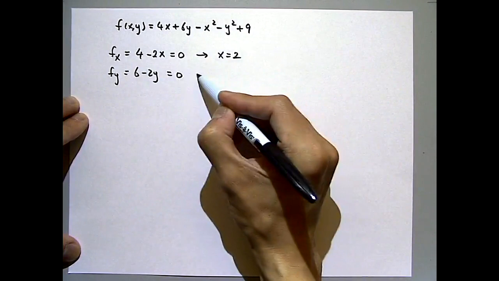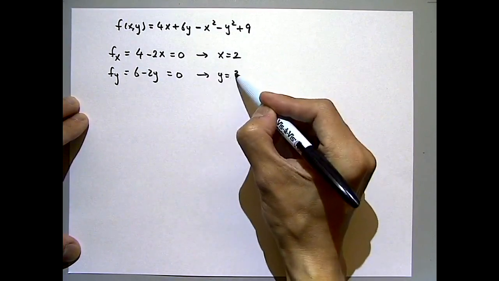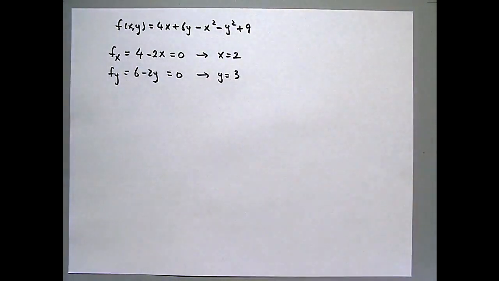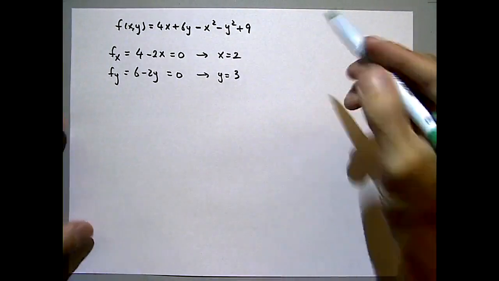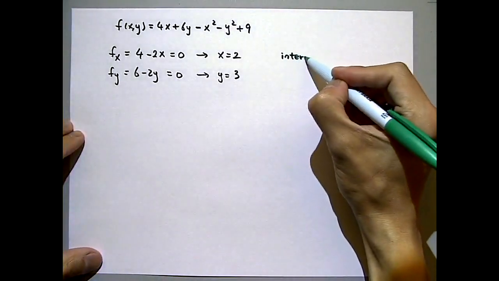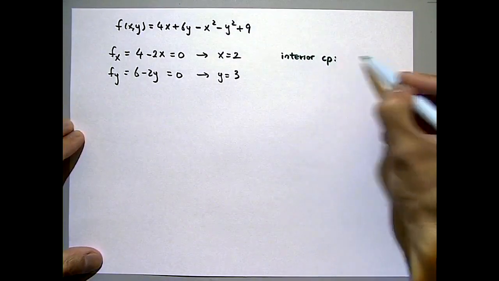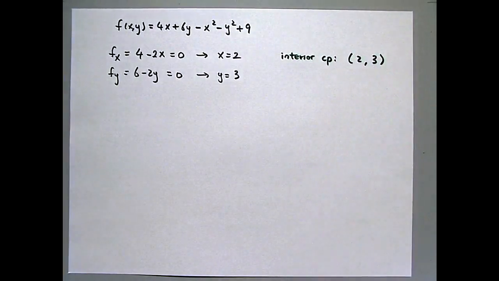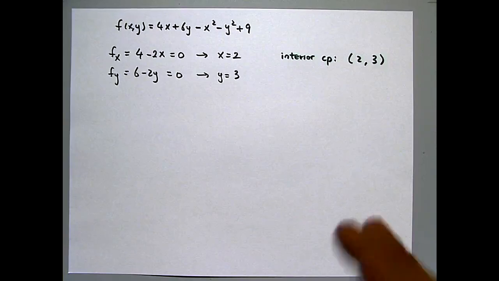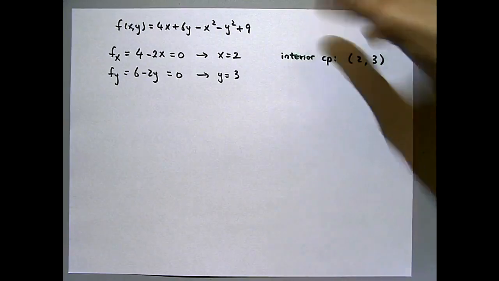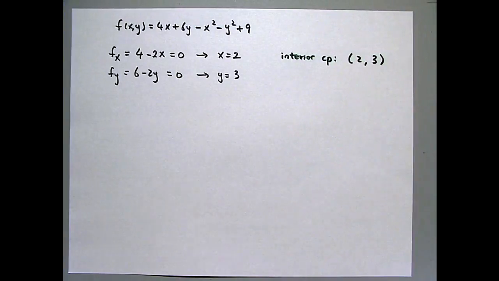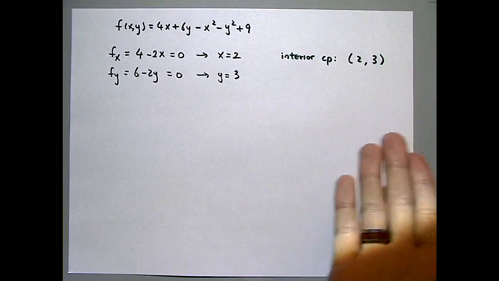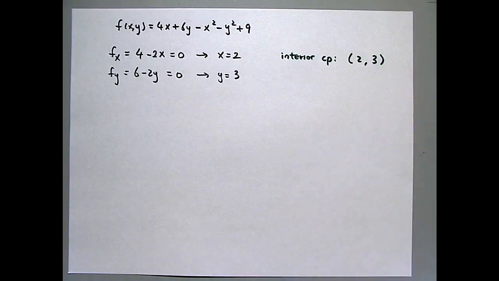We want this to be 0, so we see that y is equal to 3. And the interior critical point in this case is (2, 3). That's the only one that's not on the edge. That's why we call it an interior critical point. And because we saw the picture earlier, we know this is going to be a maximum, but we're going to verify that.